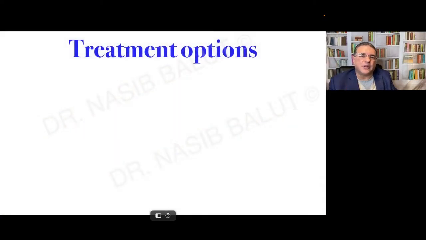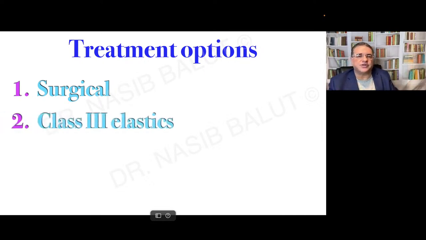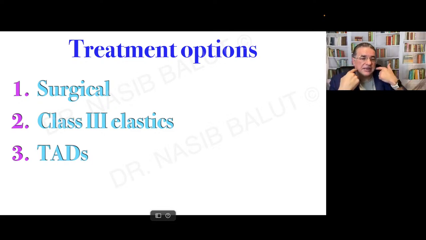So what are the treatment options in this girl? Ideally for me, it's surgery, but she doesn't want surgery. Again, I want to be very conservative, and I will start the case with class 3 elastics. If they don't work, then I move on to use miniscrews in the mandibular shelf.